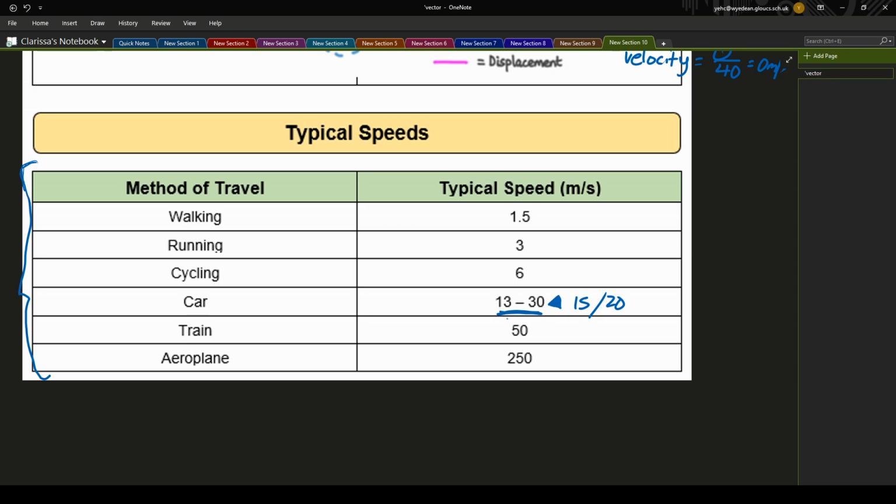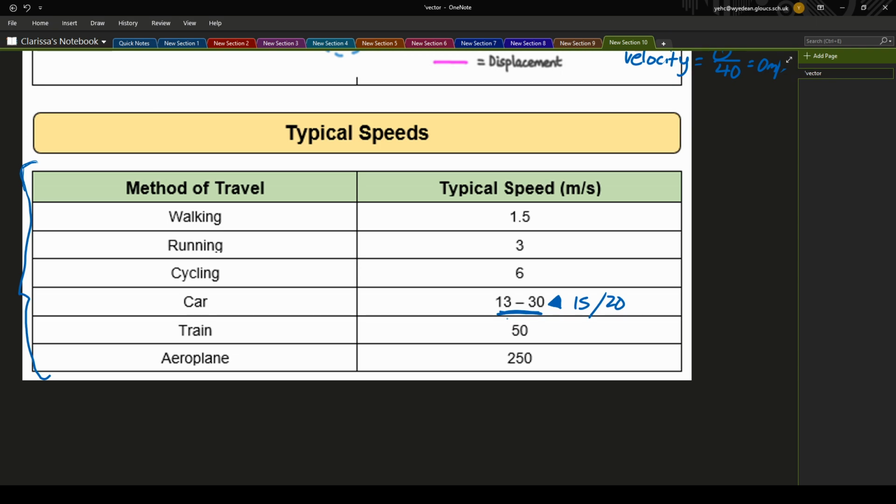And then you would say, it goes faster than the typical speed of a car, not by much, by about 10 meters per second. That would be what you say. But the trick is, if they ask you that, if they say the typical speed for a truck is 40 meters per second, how does that compare to a car, and you didn't remember the typical speed of a car, then you wouldn't be able to answer the question.